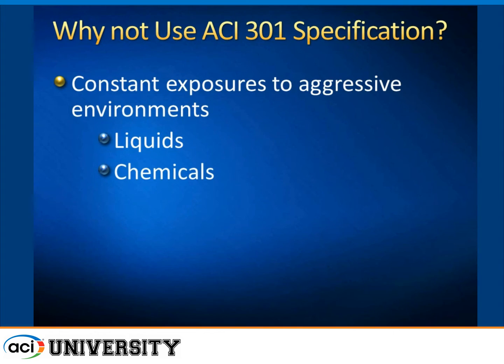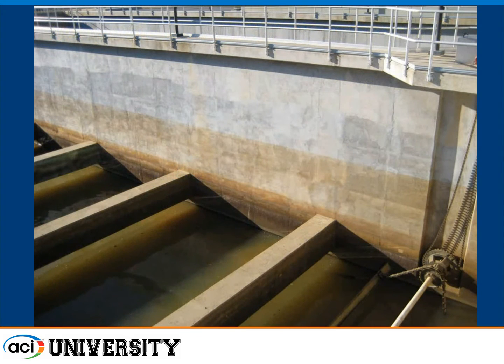But our 350 document can also be used for industrial processes, where we can get some very aggressive acid conditions or alkaline conditions. And this is a water treatment facility, but you can see varying water lines, wetting and drying, submersion, full submersion.